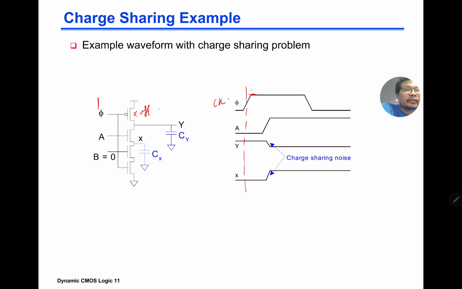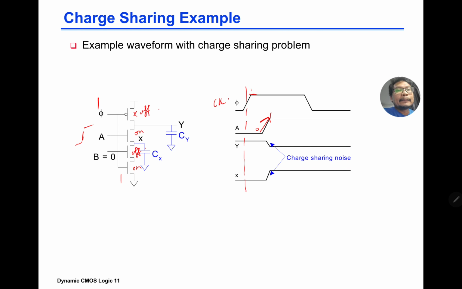And during eval, your A is going from 0 to 1. So what happened when A is going up? When A is going up, this is going to be on. At the moment it's going up, it's on, and B is 0, so this is off, and here is on. We give a 1 there.